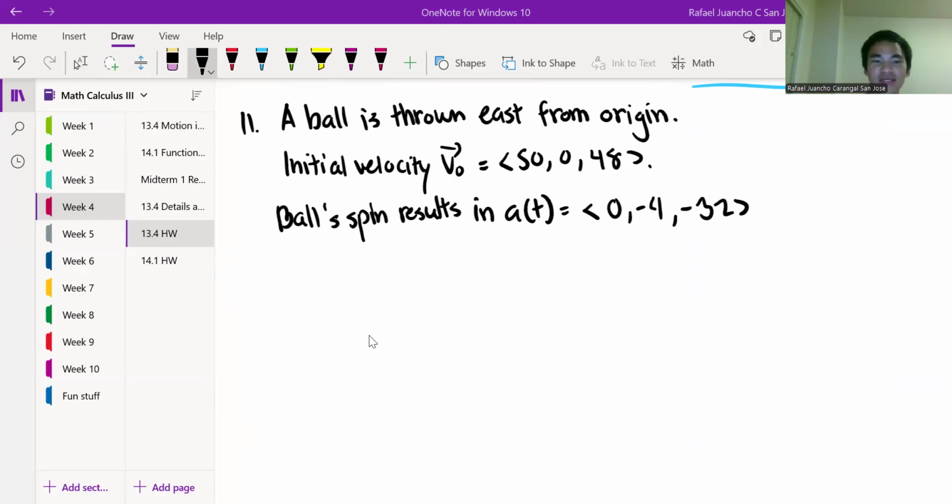So where does it land? It's asking for something in feet from the origin, and an angle. So maybe like how it was thrown, at what angle. That's my guess. And it was asking what speed. So maybe my position vector.